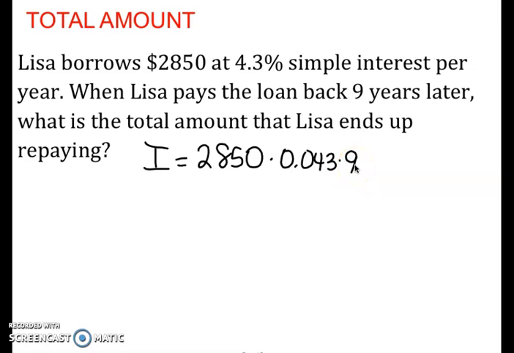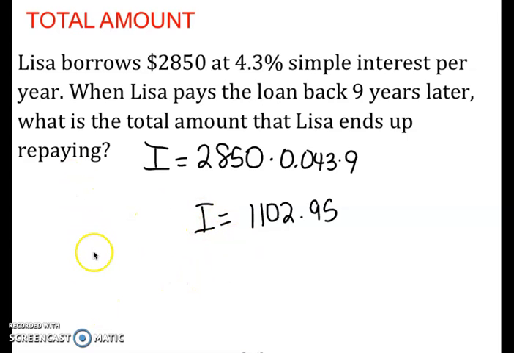So we sub that into our formula, and then we multiply. $2,850 times the 4 3/10% interest rate for 9 years means on this loan, Lisa owes $1,102.95 interest, and that is just the interest.